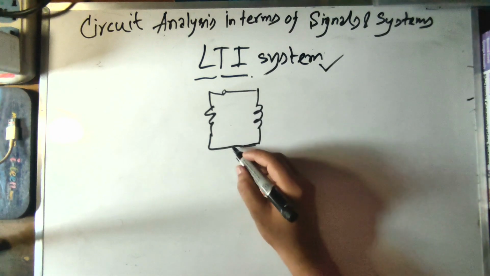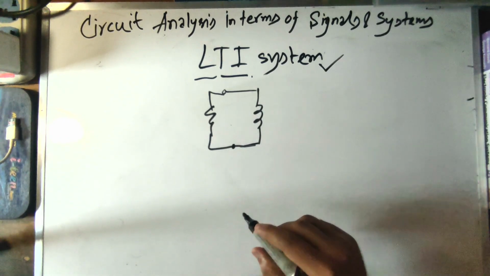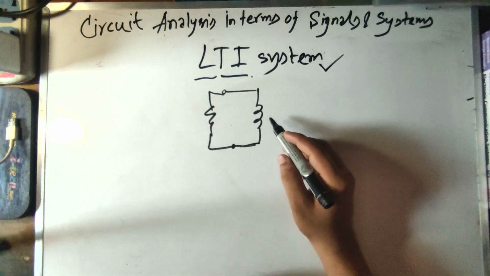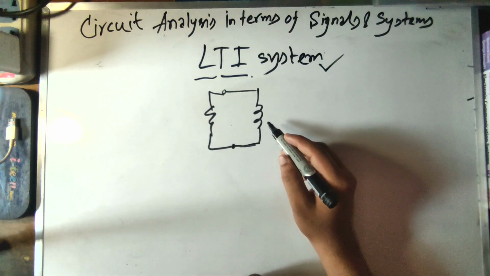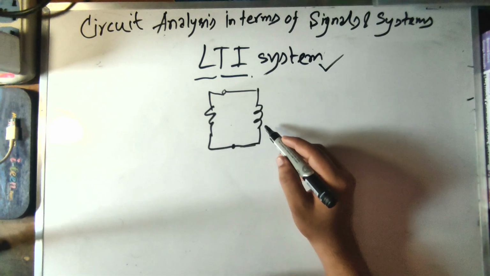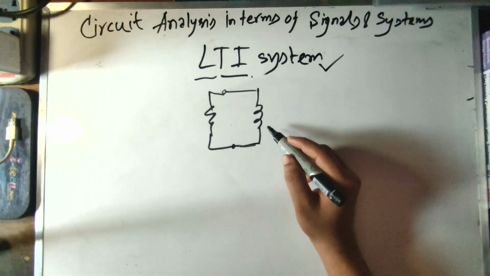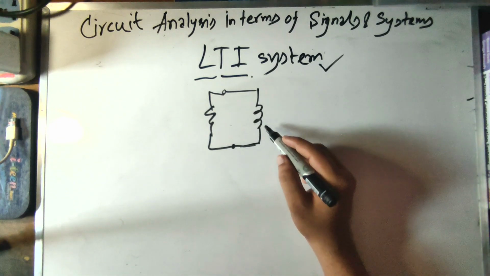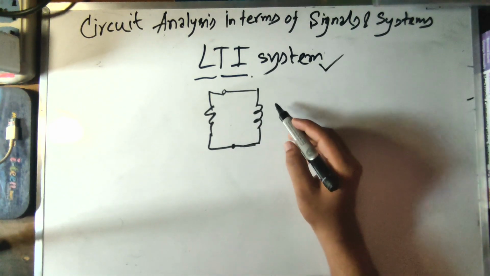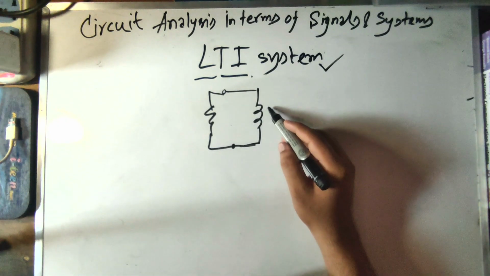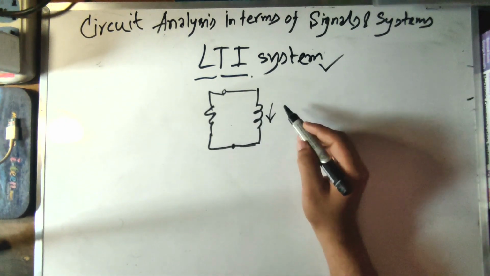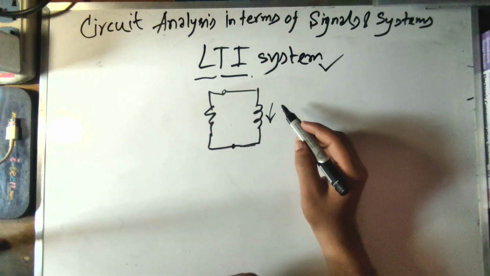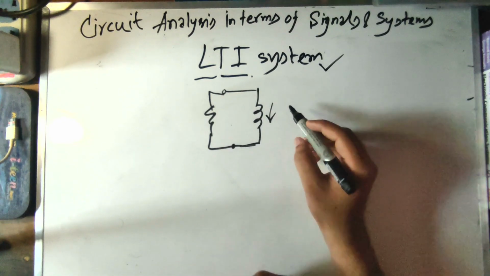Now what should we apply? The inductor is a frequency dependent element, and it can store energy or release energy. So if it does that, we can say the inductor is considered to store initial current.